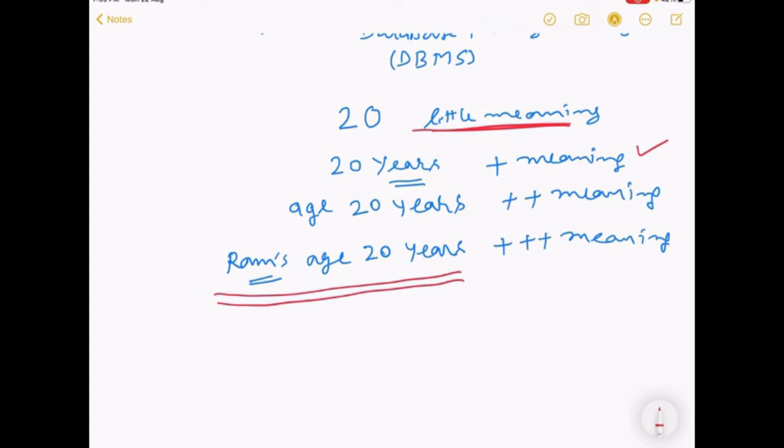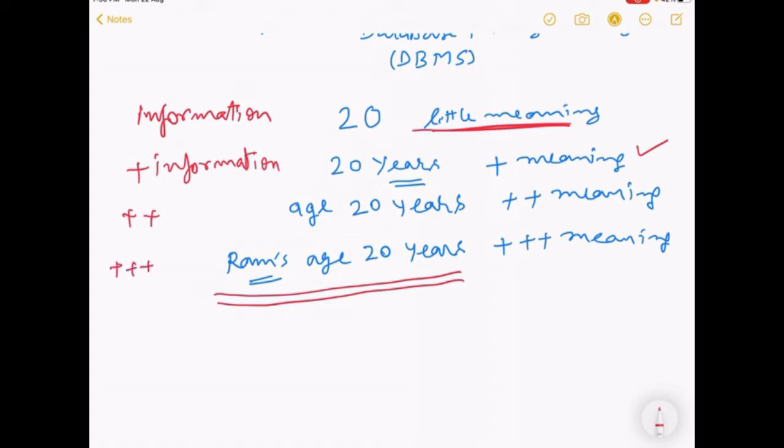If I say this very little meaning is information, okay, that means this 20 years has some information, and for this I have added again some more information. And again I have added, and again I have added.